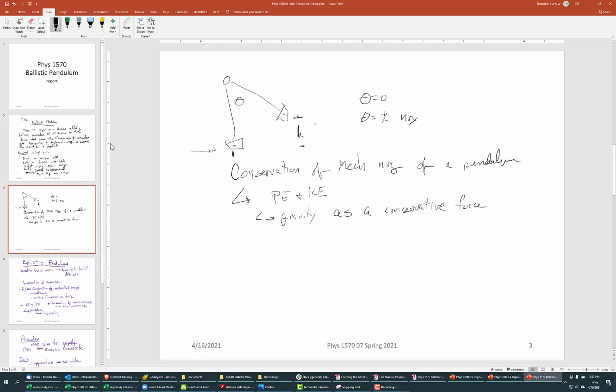So then you say, well, if theta max is a data point, this means that we know the PE there, and this means that now if we know that, we know the KE at theta equals 0.